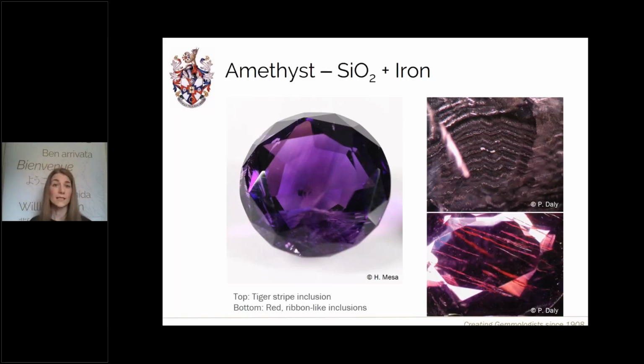And if you see a purple gemstone with this tiger stripe inclusion, then you can conclude that it is most likely an amethyst. Obviously, you want to do a couple of other tests just to make sure that you are drawing the right conclusion, but this is very specific to amethyst. You can also get other inclusions like those red ribbon-like inclusions on the bottom right, not necessarily as common, say, as the tiger stripe.